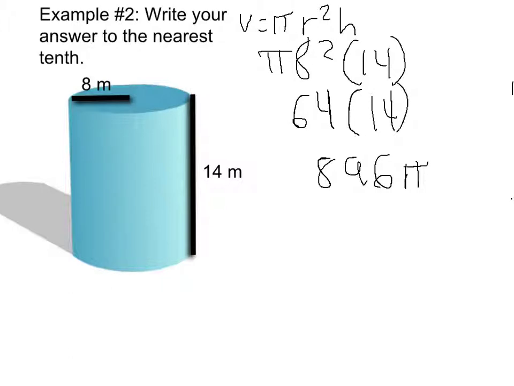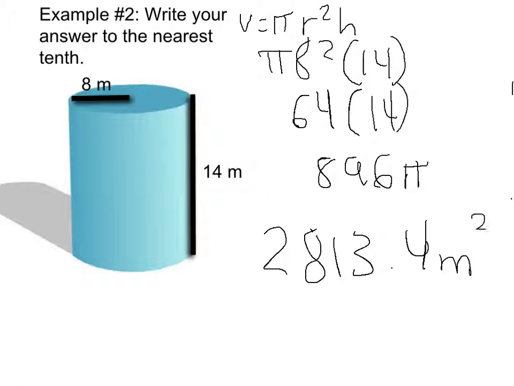So 896 times 3.14, and you get 2,813.4 meters cubed. And that is your answer.